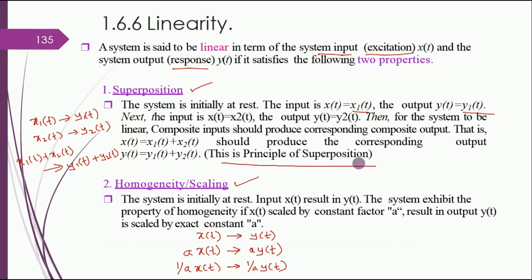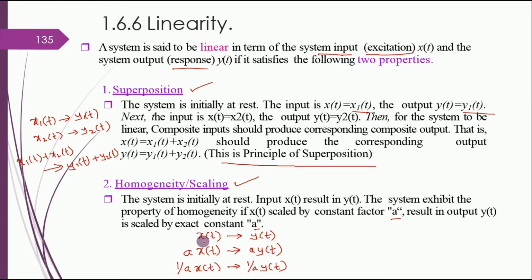Remember this. Okay, and the principle of homogeneity, or scaling, says: the system is initially at rest. If input x of t results in y of t, the system exhibits the property of homogeneity if x of t scaled by a constant factor a results in output y of t scaled by the same constant a.